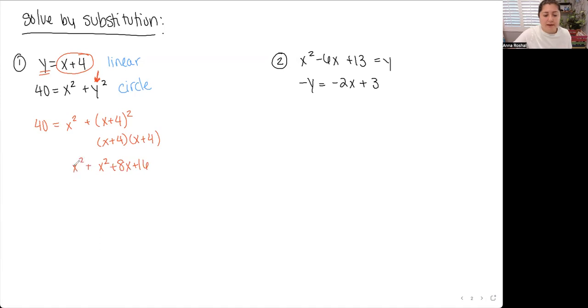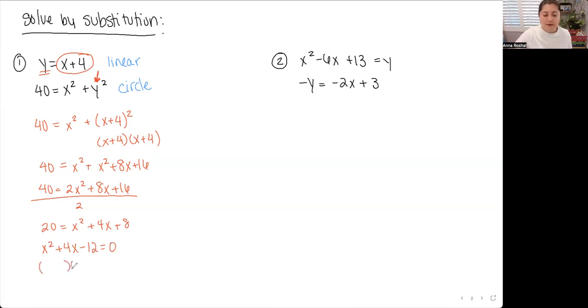All of that is added to another x squared, and that's 40. So 40 equals 2x squared plus 8x plus 16. I'm going to divide everything by 2 to make my numbers a little bit simpler. So 20 equals x squared plus 4x plus 8. Subtract 20, and I end up with x squared plus 4x minus 12 equals 0.